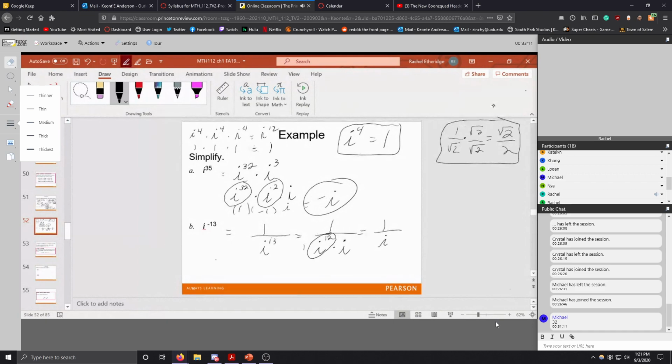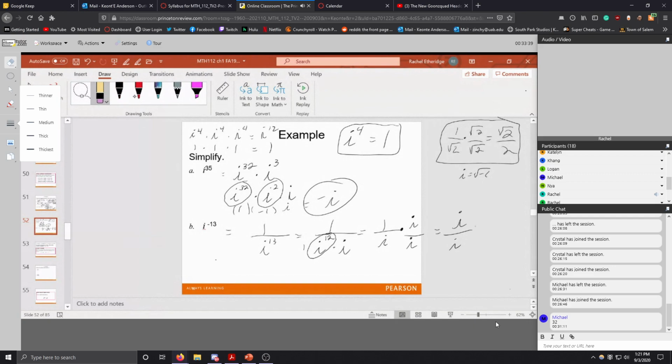Well, i is also a radical because remember i is equal to the square root of negative 1. So if I want to rationalize, in other words, I don't want an i in the denominator, I'm going to multiply by i divided by i. So that's going to give me i over i squared.